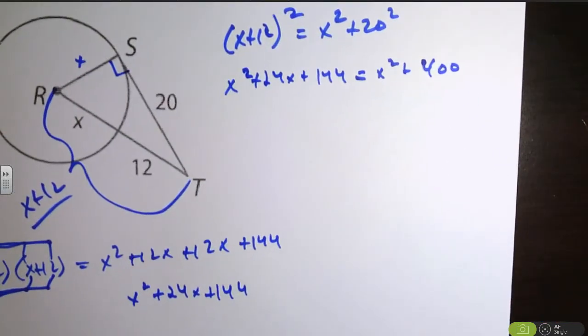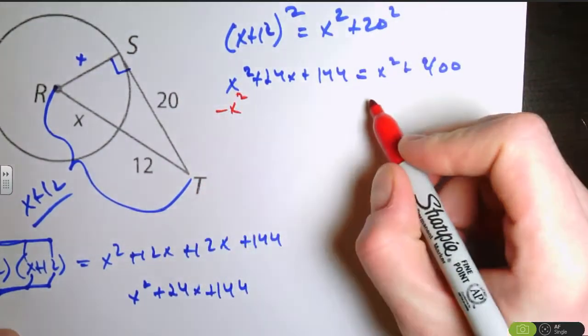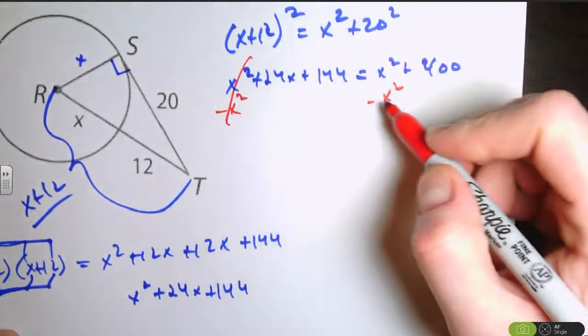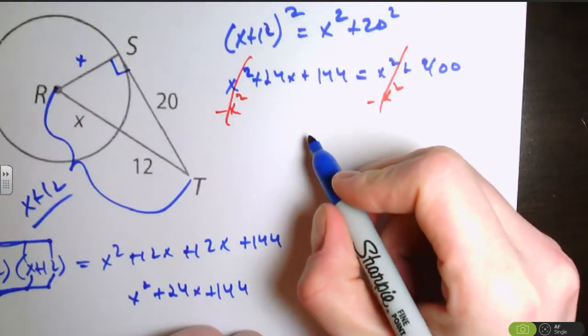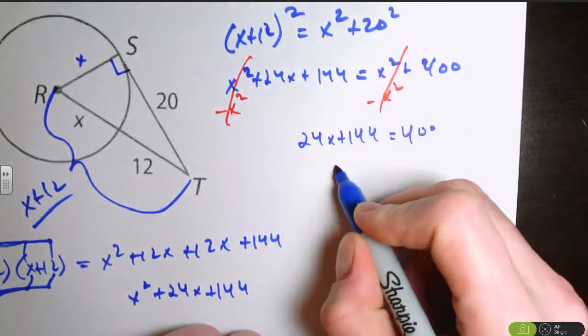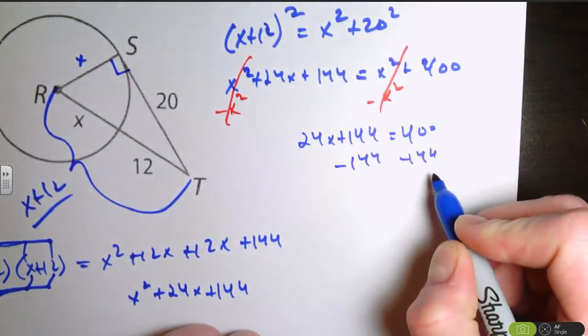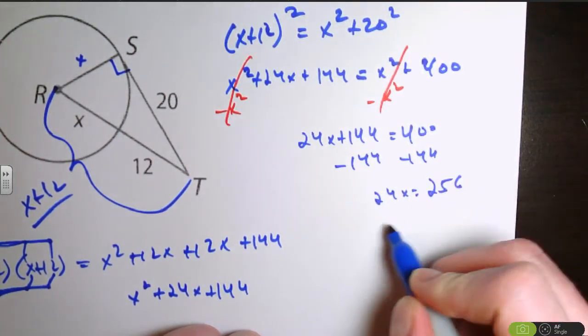Now you might be going, ugh, how am I going to solve this? Well, there's actually something that happens that's really nice. And that is the fact that once you subtract an x squared to try to move it, it actually cancels both of them off. So the book isn't that ridiculous. They kind of cut you some slack. So then we really get 24x plus 144 equals 400. Subtract 144. 24x is 256.